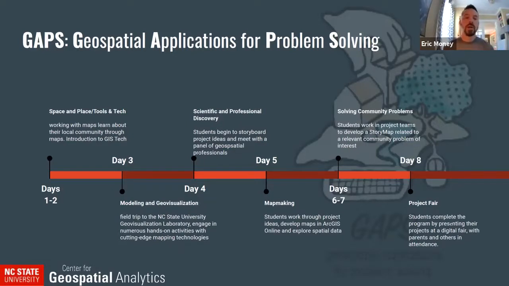We called this space and place on day one, and tools and tech on day two, where students just jump in, start working with maps, learn about how maps are used in their daily lives, how GIS maybe influences things they do and they don't even know it, and then introducing them to some of the GIS technologies that they're going to be using in the program, and other technologies that they may not actually use, but making sure they're aware of those things.